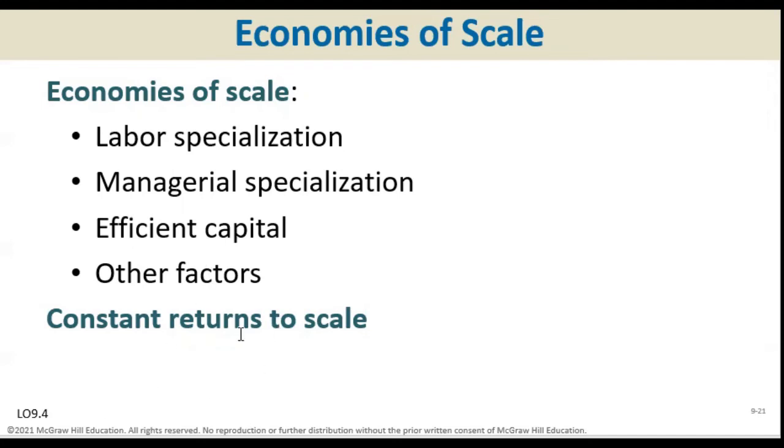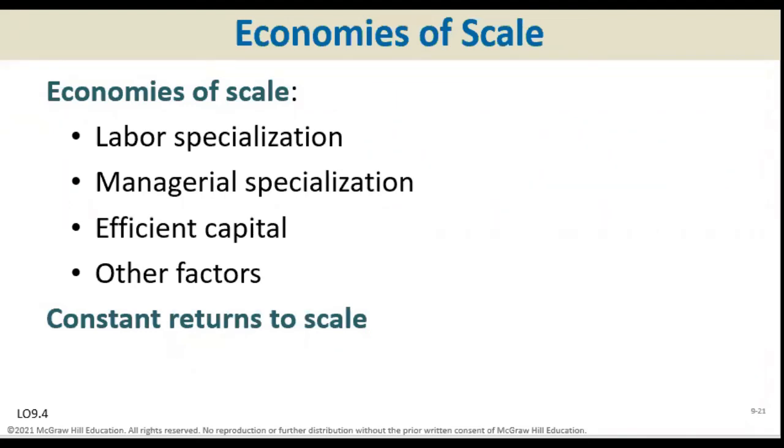And the notion of constant returns to scale happens when the average total cost is constant over a variety of plant sizes. And when there are constant returns to scale, an increase in input will result in a proportionate increase in output.